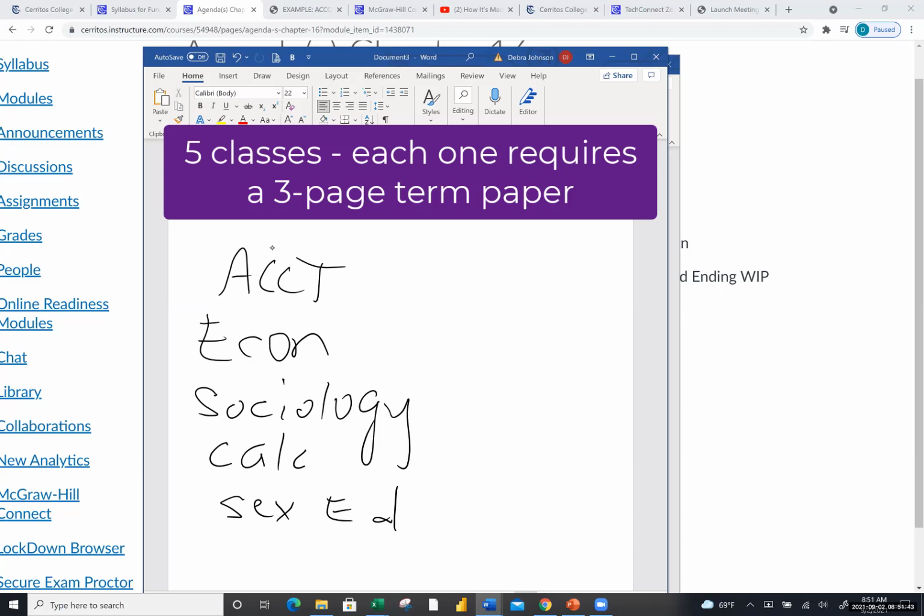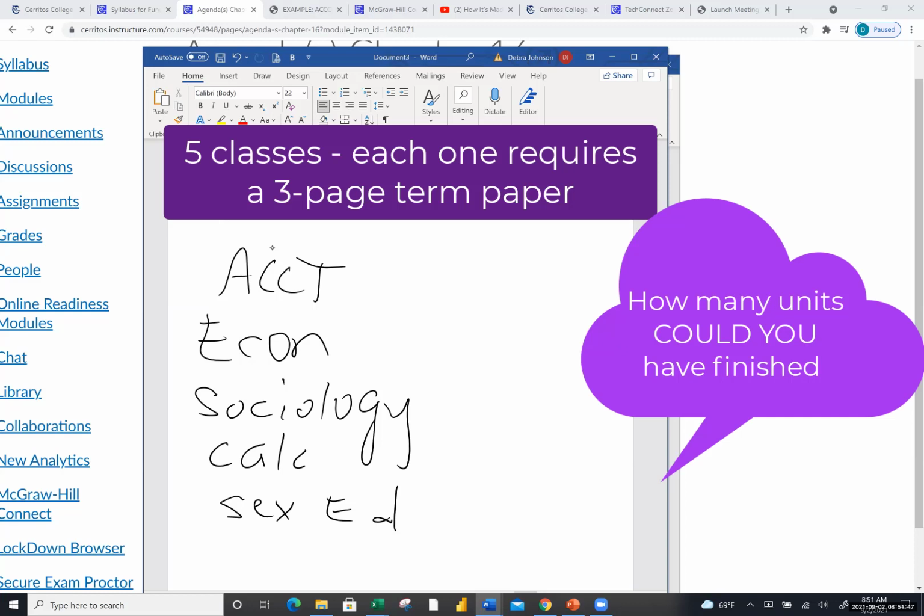Okay, so the equivalent units of production ask this question: how many units could you have finished if your effort was focused from start to finish? But here's what happens in a factory. Here's what happens in your term papers. You may decide that, man, the accounting class is the most boring one I have, and you write nothing. You don't do anything for that class. And econ's kind of interesting.